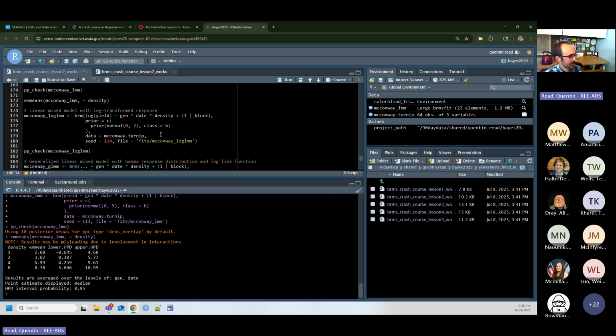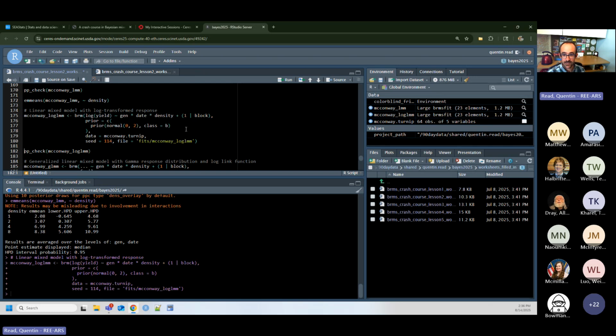Thanks for the question. So I'm going to run this code by hitting Control Enter. And yes, Adam asks a great question. Even if you put the same random seed, if you have a different version of Stan or a different operating system or a different version of R, you may not get the exact same results.